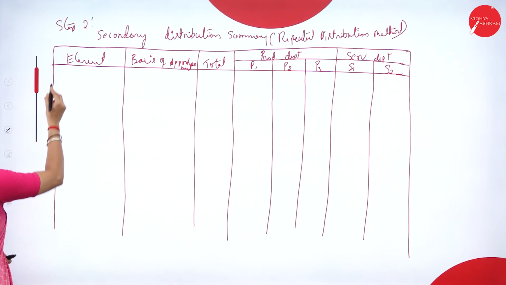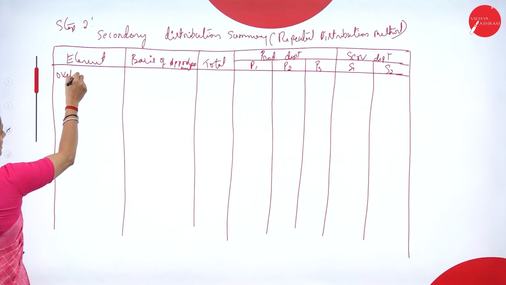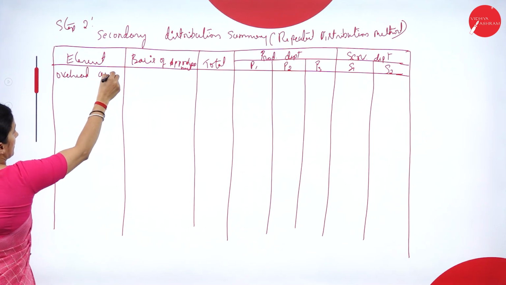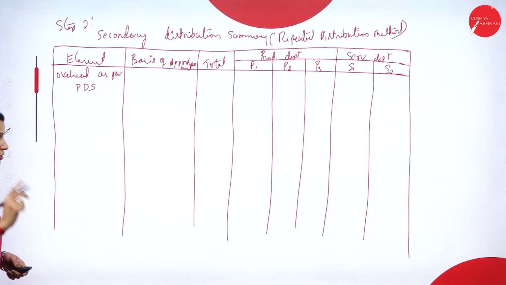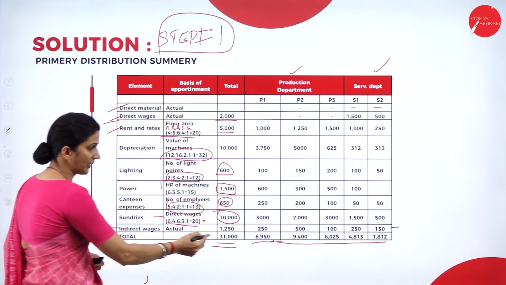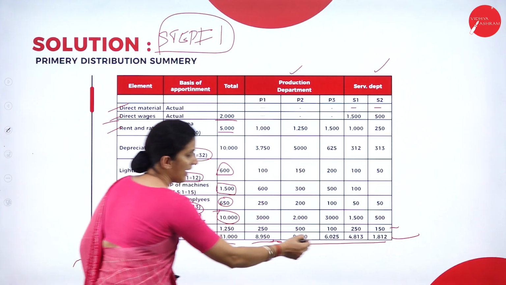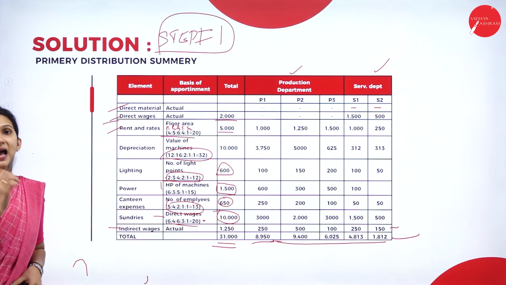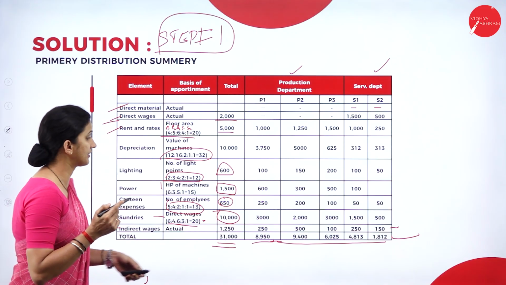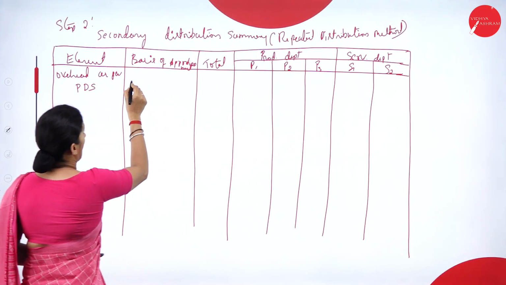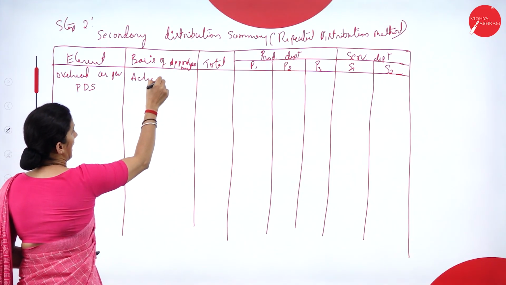The first step is to take the overhead as per the primary distribution summary. We have to take the overhead total that we got in the primary distribution as it is. The total is 31,000, the actual amount we have in the primary.